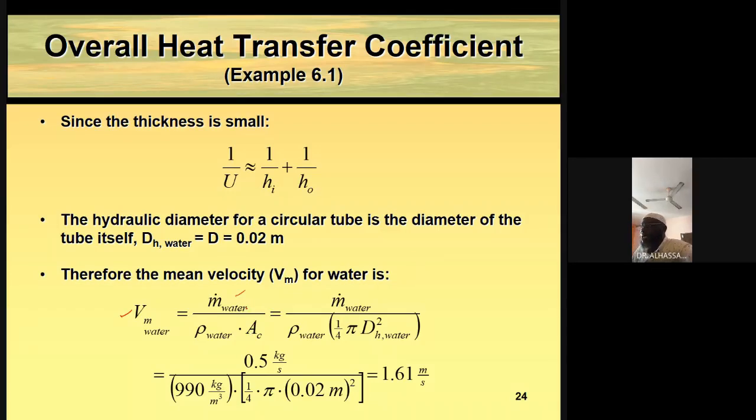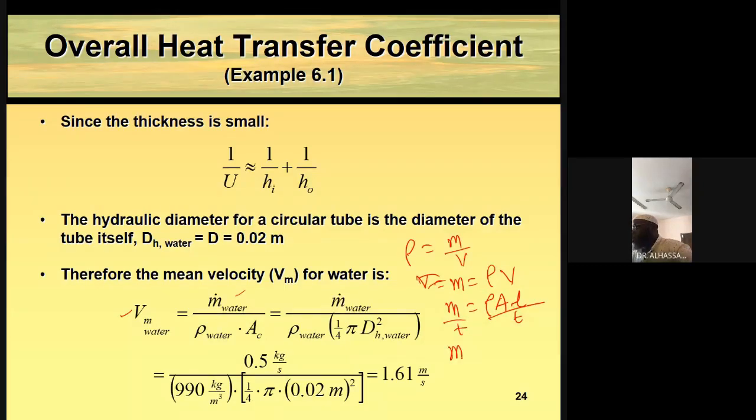I'll show you how this equation is derived. Density equals mass divided by volume. I think you know these equations already, very familiar. That gives us mass equals rho times volume. Now I can express this again: volume is area times length, so mass equals rho A L. Now I want to express this in terms of mass flow rate, not mass, so I divide by time on both sides.